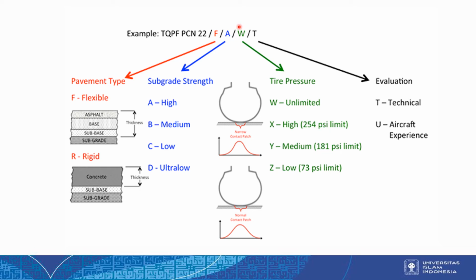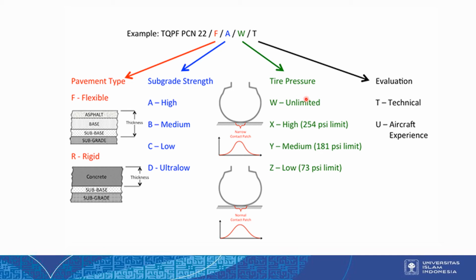And then the next slash is for the tire pressure, where there are 4 options: W, X, Y, and Z. For this example, the pavement can bear unlimited tire pressure.